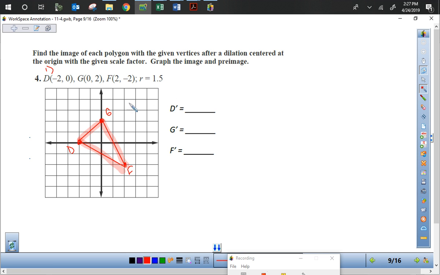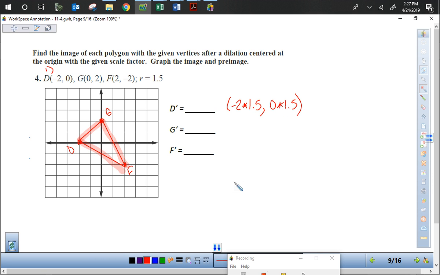This scale factor, since we're dilating through the origin, is going to be applied to both the X and the Y in your ordered pair here. So again, we're taking each piece and multiplying by our 1.5. And let me just go ahead and change this to a little different version of multiplication since we have a decimal.